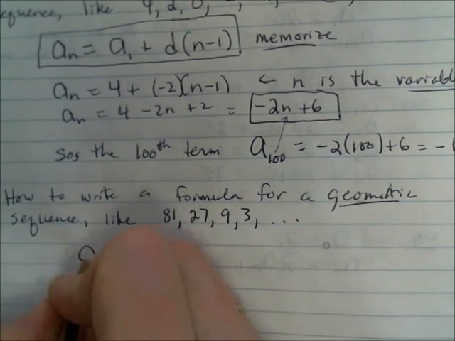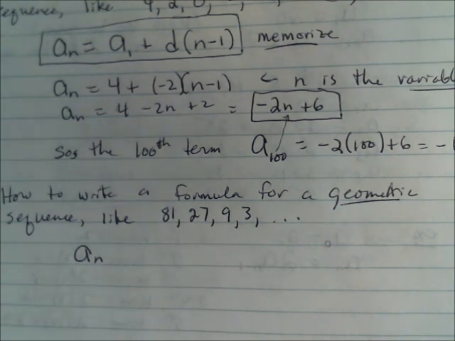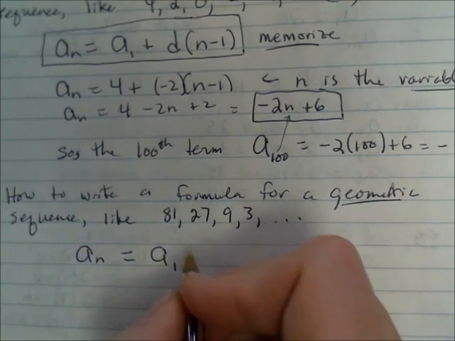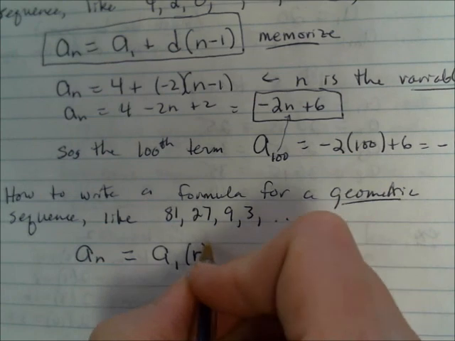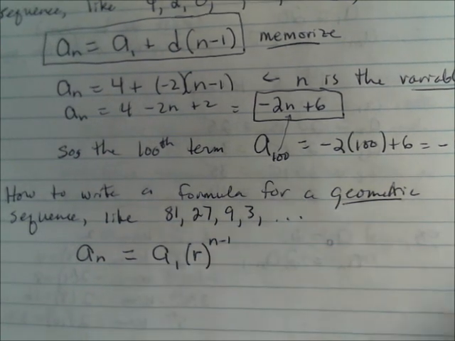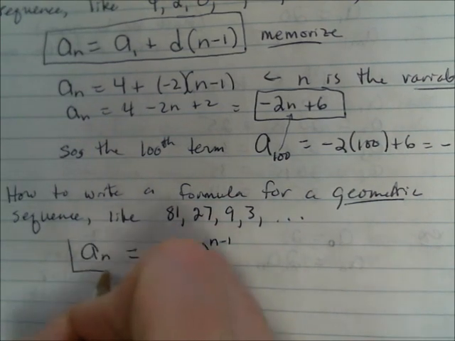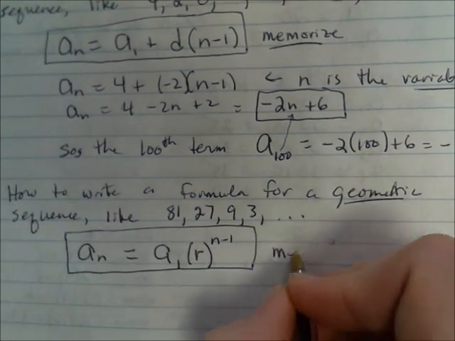Okay. The nth term of any geometric sequence is equal to the first term times whatever that common ratio is, raised to the power of n minus 1. Okay, this is the second thing that you have to memorize. Last year you had to. This year you're going to have to continue to memorize it.